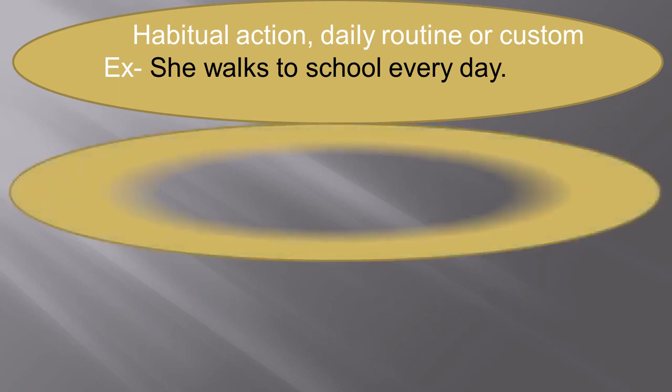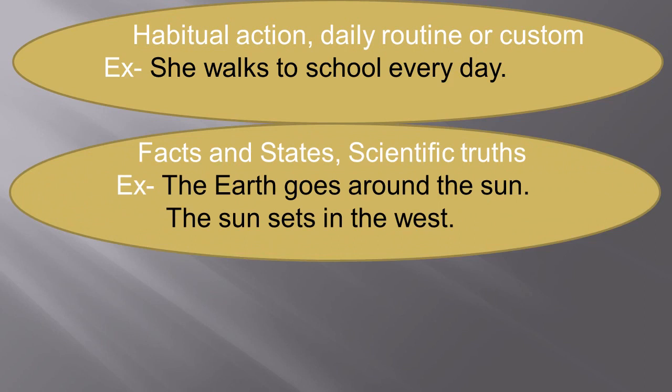Next use, facts and states or scientific truths. That means present indefinite tense is used to describe scientific truths, universal truths, facts which are acceptable throughout the universe. For example, the earth goes around the sun. That is a scientific truth.